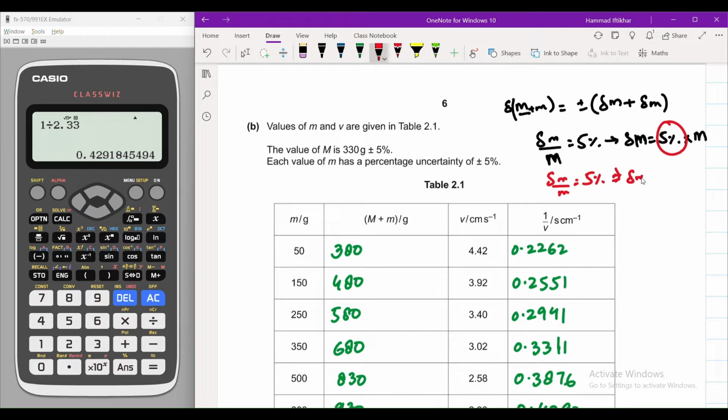So delta small m would also be 5% of small m. When you add these up, you're just doing 5% of M plus m, so 5% of these values basically.